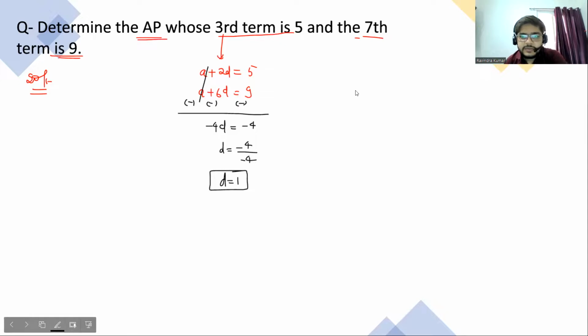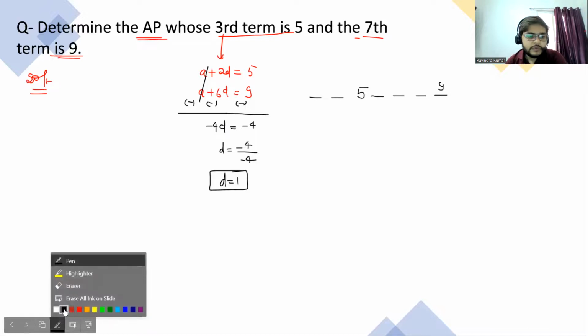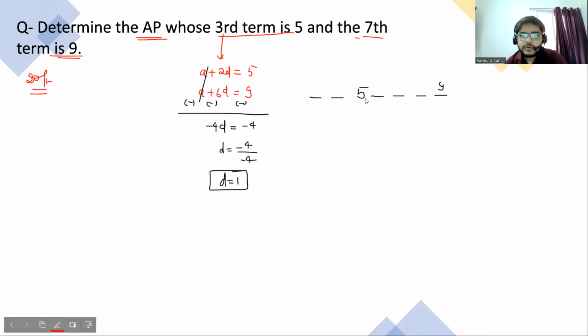So the third term is 5, and the seventh term is 9. So this is the third, fourth, fifth, sixth, seventh term, which is 9. Okay, so what we have to do is add 1 to this one, so it will be 6 here, 7 here, 8 here. And how does 5 come here?